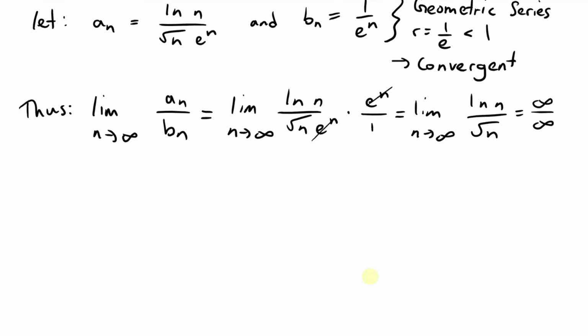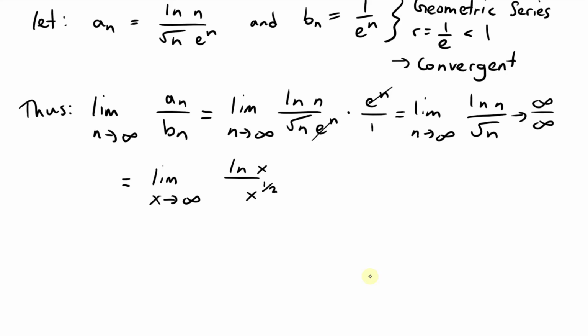So what I'll do now is convert this into a function. We're going to get the same thing when we take the limit as x or n approaches infinity. So I'll just put an arrow like this. It doesn't equal, it just approaches that. So we have the limit as x approaches infinity of ln x over, converting this into a basic power, x to the 1/2, which is what the square root is.